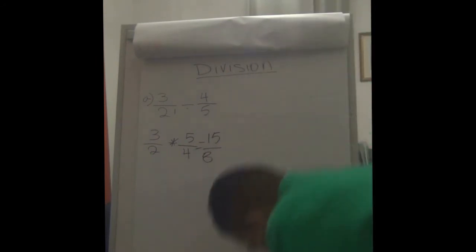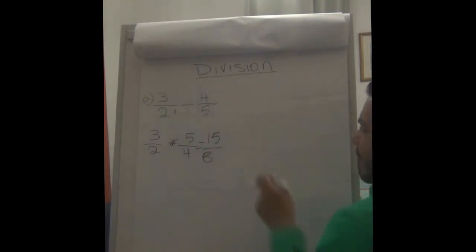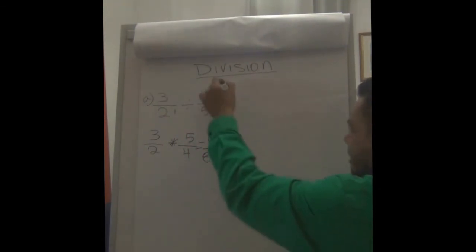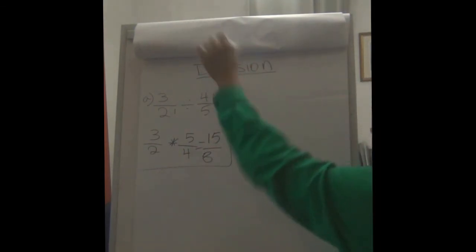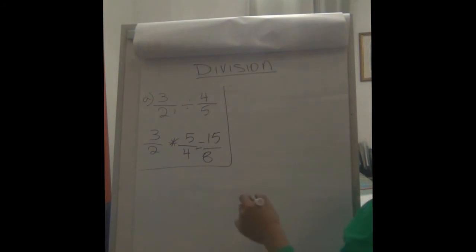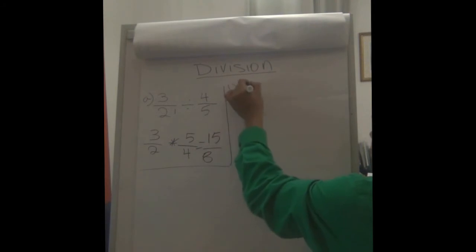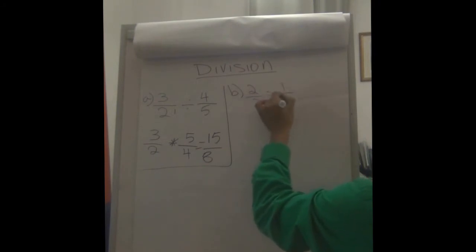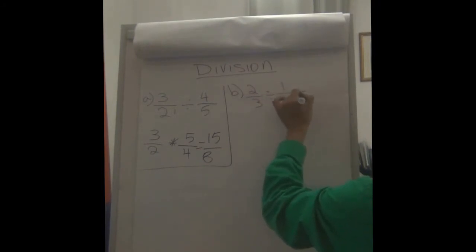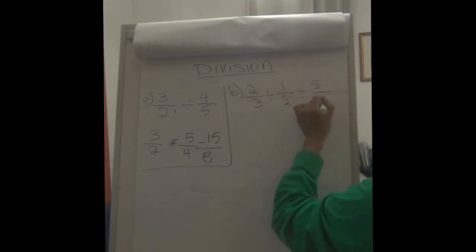Okay then. But Bex, I know about the keep, change, flip, but what happens when you have a more complex division? Let's say you have, okay, let's call this B. 2 over 3 divided by 1 over 2 divided by 5 over 4.